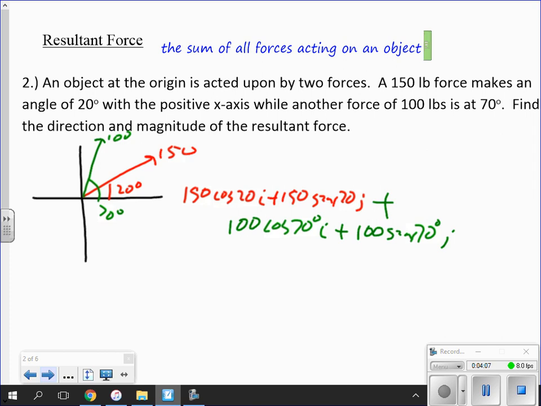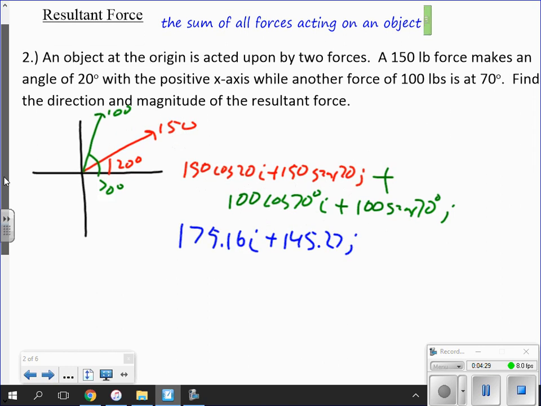If you convert those and add them together, your resulting vector would be 175.16i plus 145.27j. So that's our resulting vector.